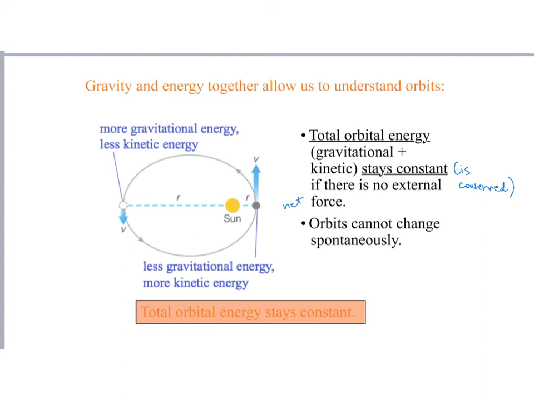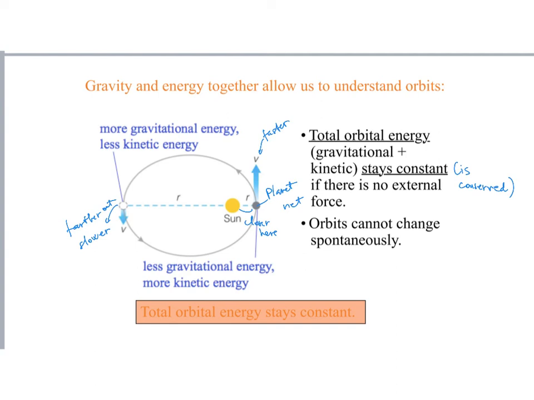And there's actually not much out there that acts on the system of the sun with planets around it. So in that situation, a planet revolving around the sun, remember, when it's closer here, it moves faster. When it's further out, it moves slower.